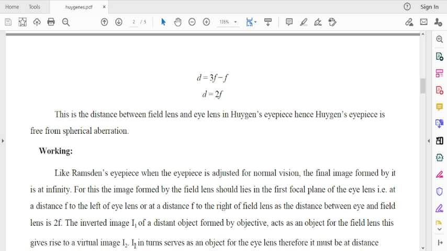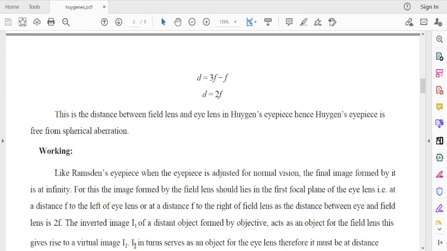Means that, see here, for getting the idea of working, it is important to know the conditions for minimum chromatic aberration and spherical aberration.